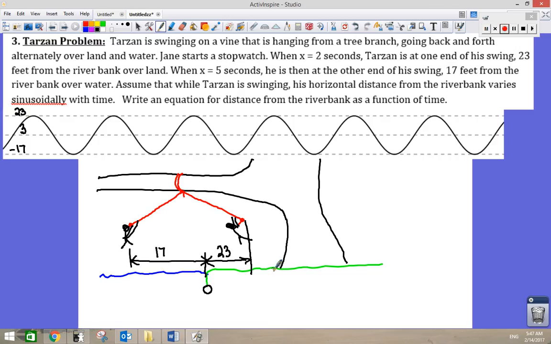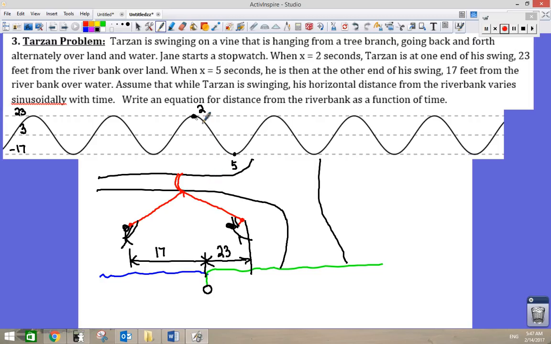Now, at 2 seconds, he's at one end of his swing, 23 feet. So if we call this point that he's at his max, which is 23, that's at 2 seconds. Then at 5 seconds, he's at the other end of his swing, which we're calling a minimum, negative, above the water.